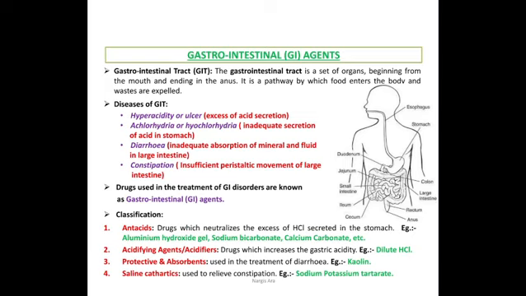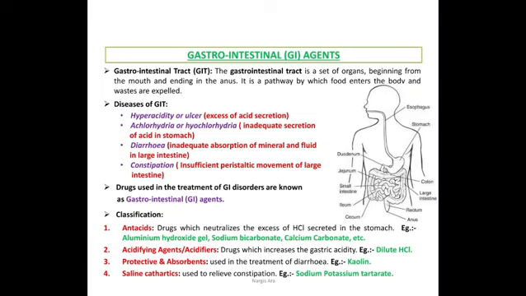Next, classifications: antacids, acidifying agents, protectives and absorbents, saline cathartics. Antacids are drugs which neutralize the excess of HCl secreted in the stomach.